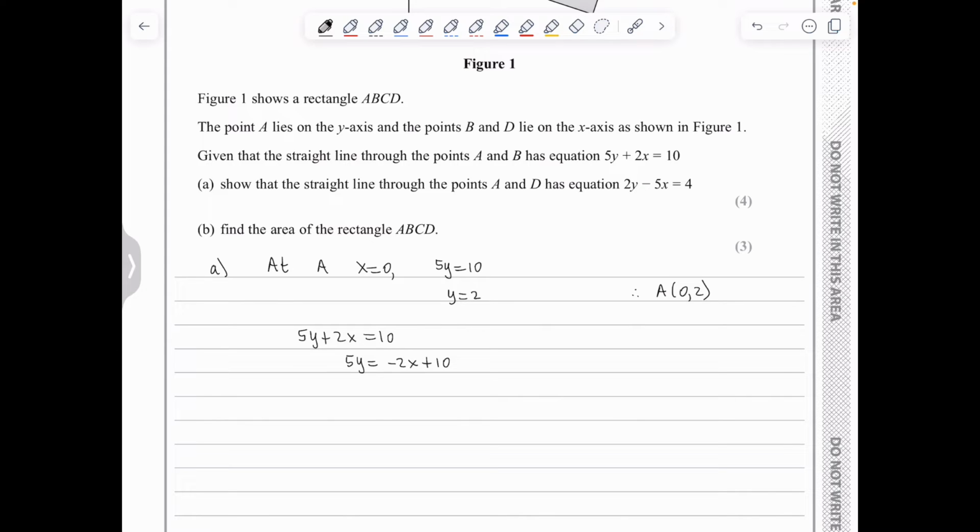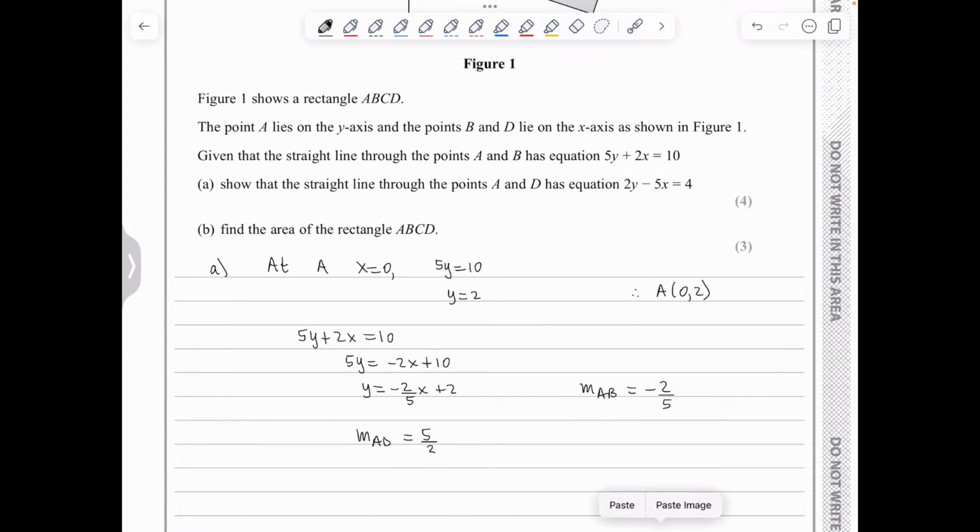I will divide everything by 5, leading to y is negative 2 over 5 x plus 2. So the gradient of AB is the coefficient of x, which is minus 2 over 5. To find the gradient of AD, I will just flip and change the sign. So the gradient of AD is 5 over 2.